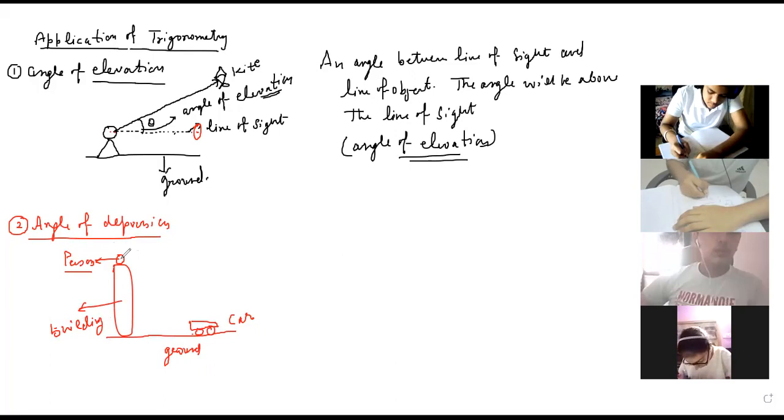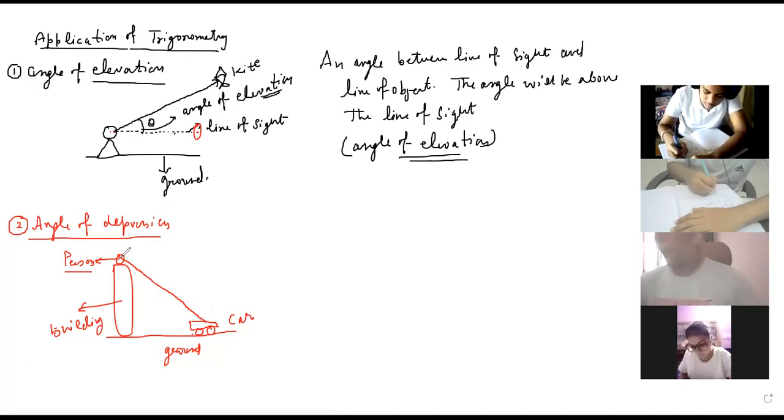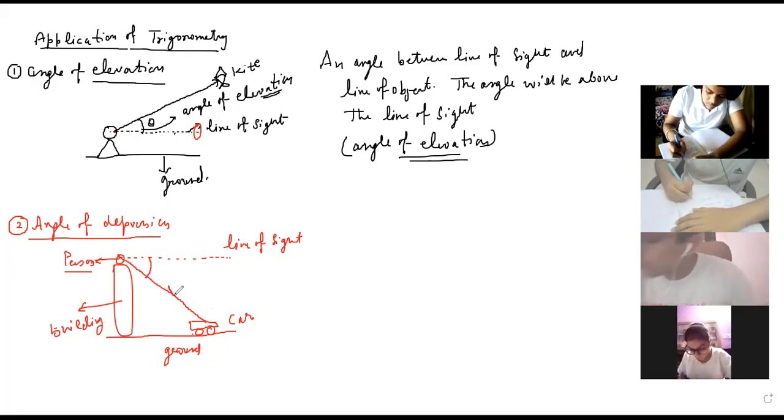This person is watching this car from the building. This is the line of sight of the person. So the angle between the line of sight as well as the line of object, this is called angle of depression.